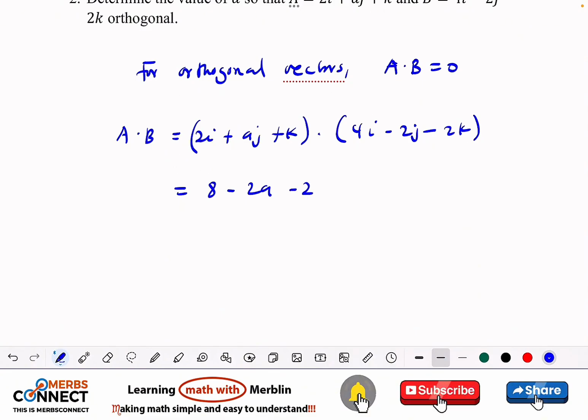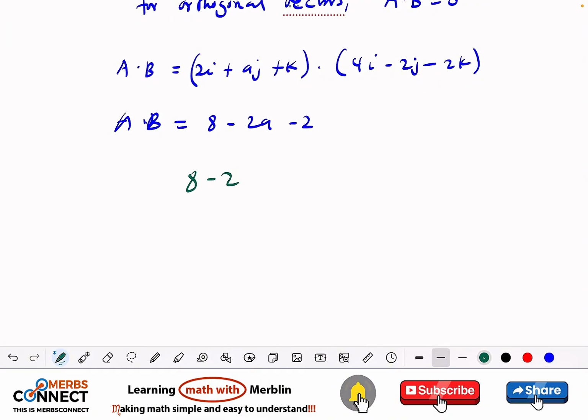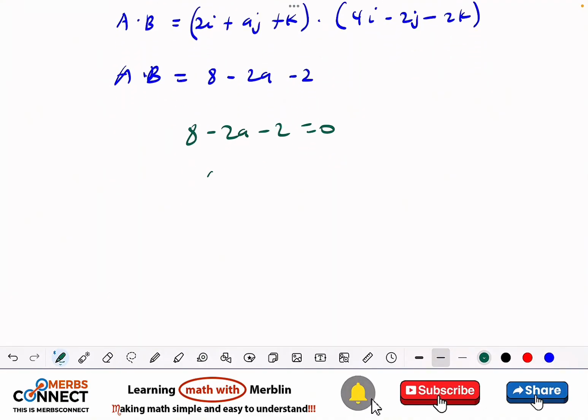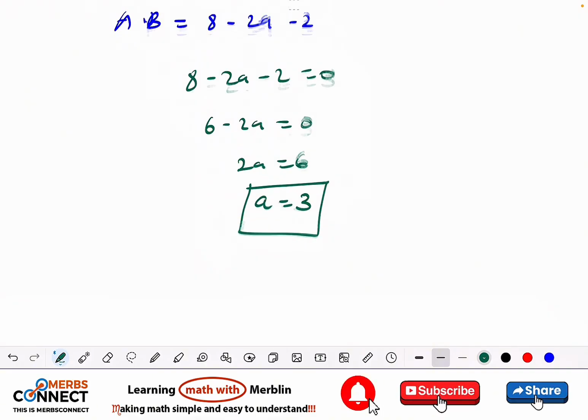And we know that a dot b should be 0, so we are going to have 8 minus 2a minus 2 to be equal to 0. So we are going to have 6 minus 2a is equal to 0. 2a is equal to 6. Divide through by 2 and getting a to be equal to 3.